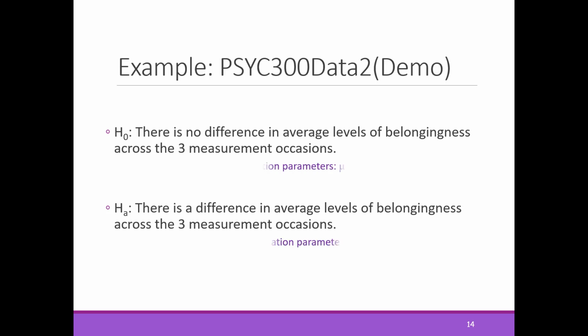And so translating that to population parameters, the null hypothesis would say basically that the population means are the same. There's no difference across those 3 time points or 3 measurement occasions. Whereas the alternate hypothesis would say that there is some sort of a mean difference across those 3 measurement occasions. And so that's the idea behind our repeated measures ANOVA.